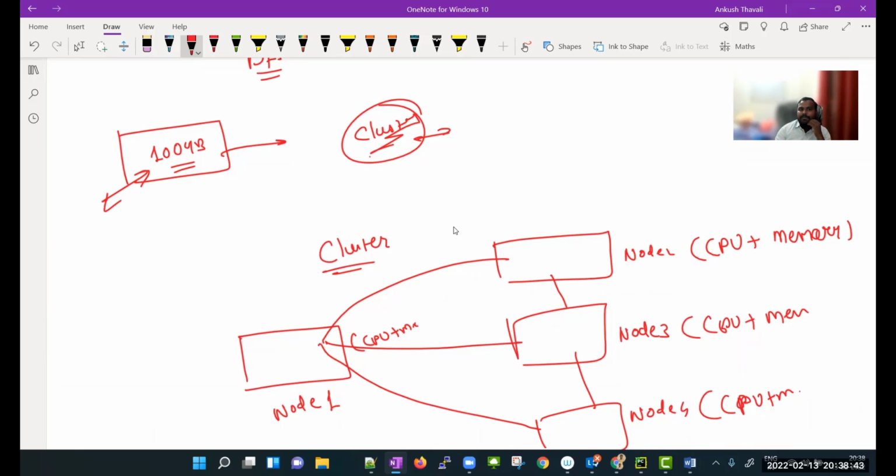So when I want to store my 100 GB file, it will be split into multiple nodes. Let's say 25 GB here, 25 here, 25 here, 25 here.